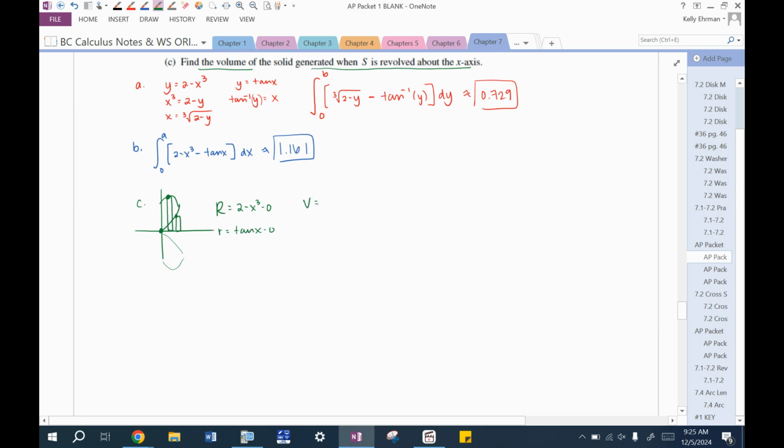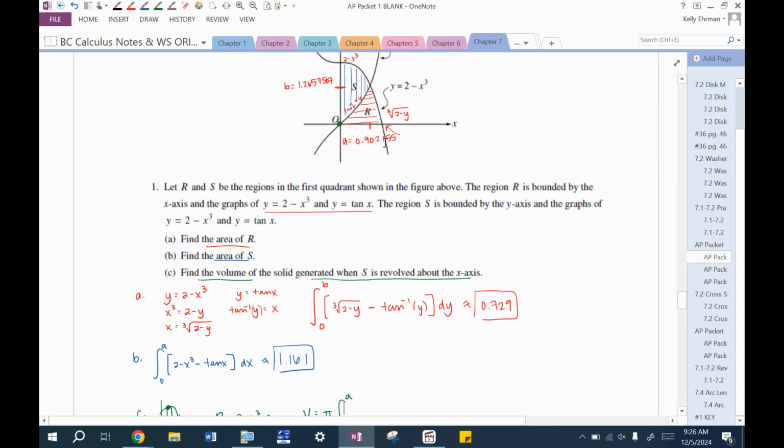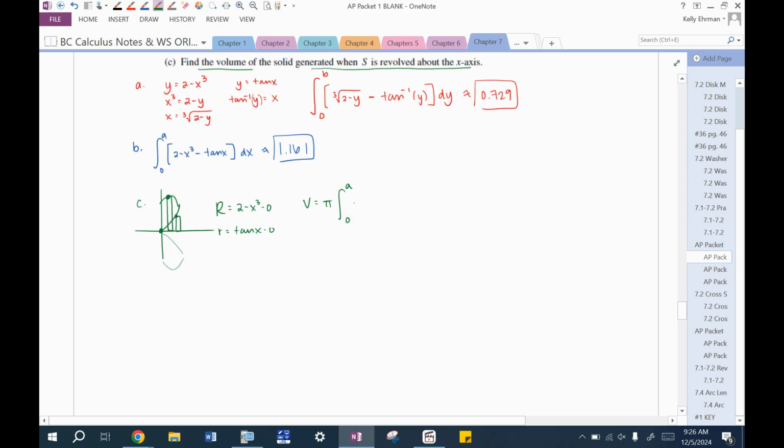And volume is pi times the integral from 0 to a. Let me double check that. Yes. Of capital R squared, so 2 minus x cubed, that quantity squared, minus lowercase r, tangent x squared. You could write tangent squared x if you want to, dx.